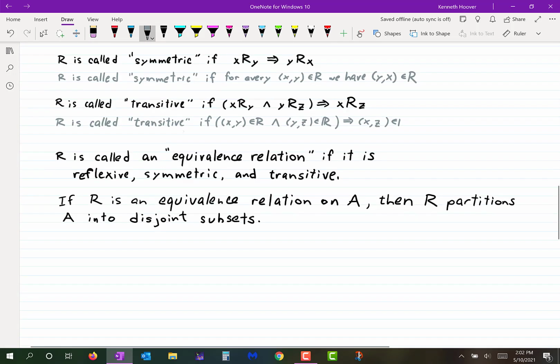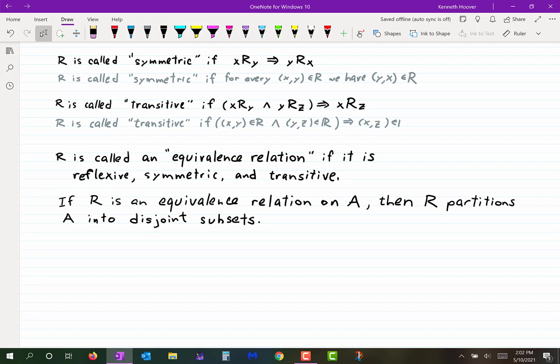So let's go back to where we're writing the definition. If R is an equivalence relation on A, then R partitions A into disjoint subsets. Let's change that period to a comma, and let's say called equivalence classes.